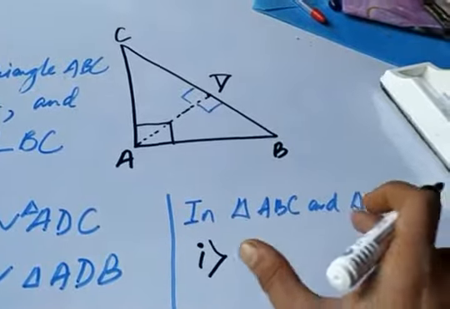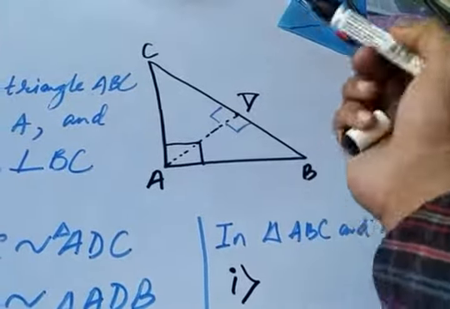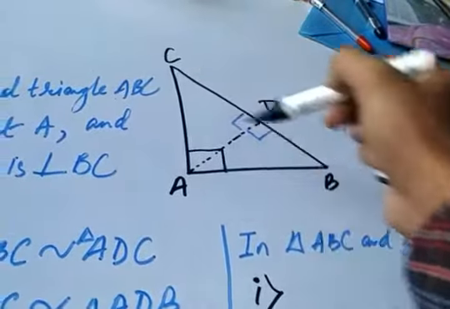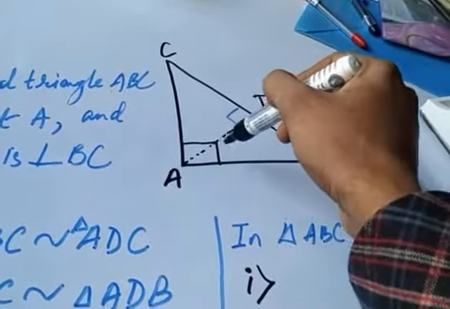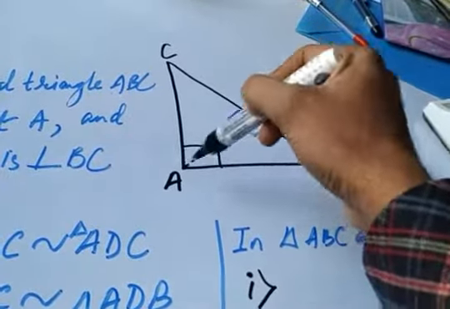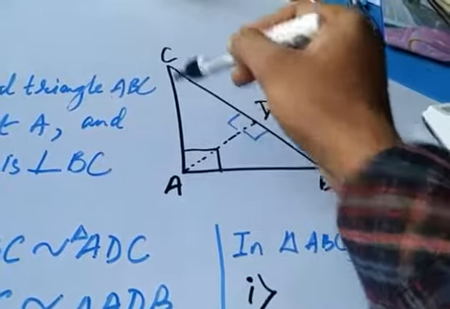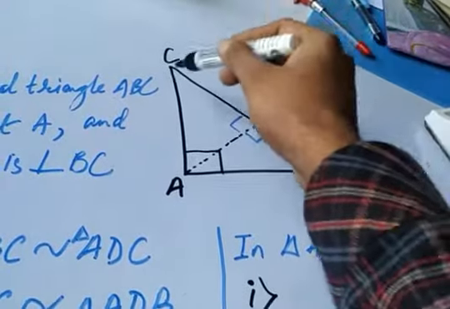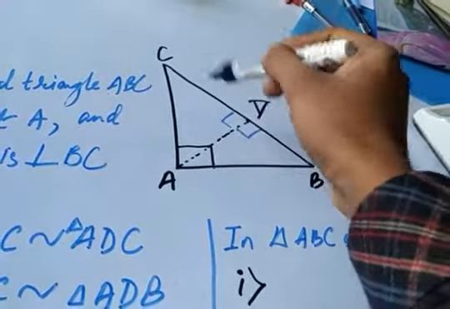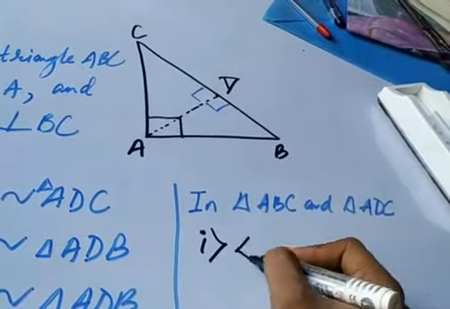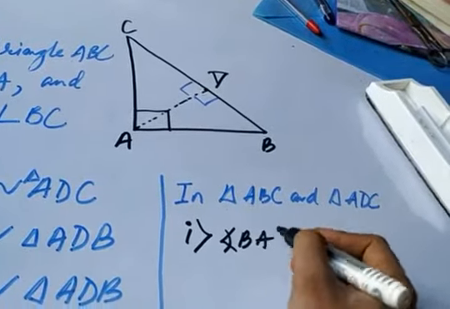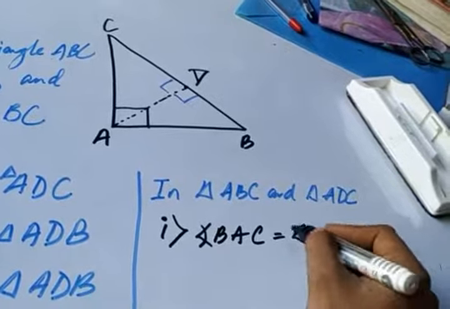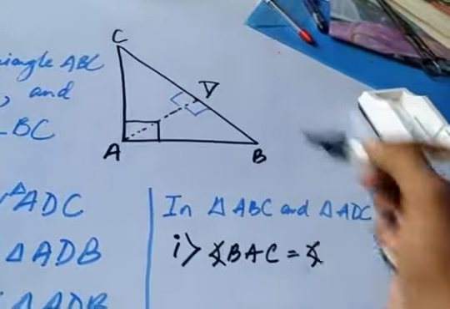Okay, that is known to everybody from the beginning of the question, from the diagram. Angle BAC is 90 degrees, we know, and in this small triangle we also know ADC is also 90 degrees. Okay, so for the large triangle we say angle BAC is equal to angle ADC.